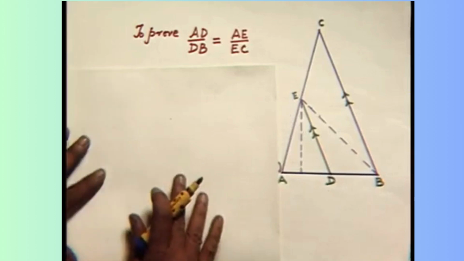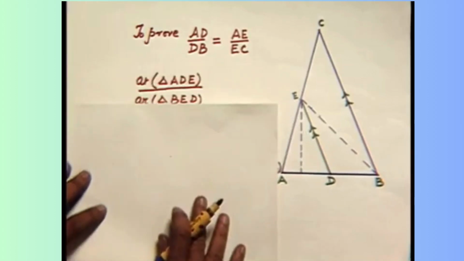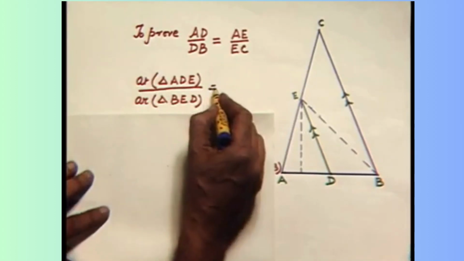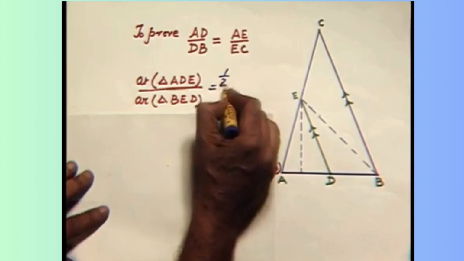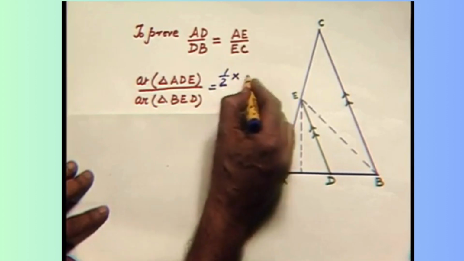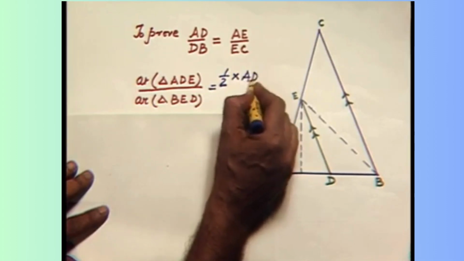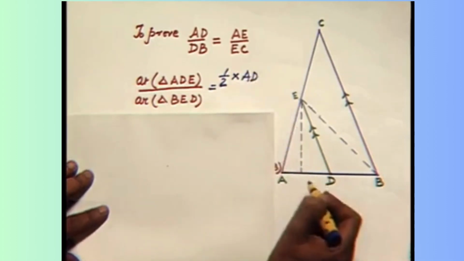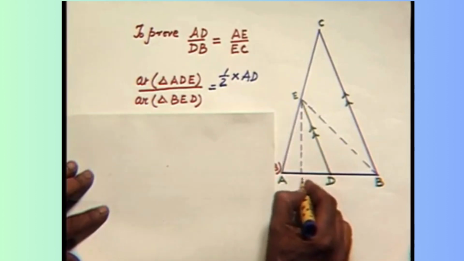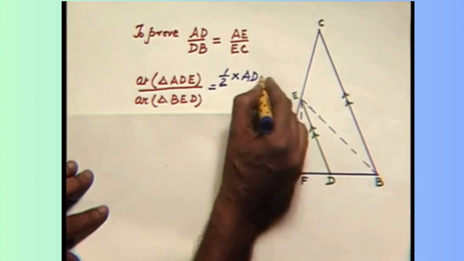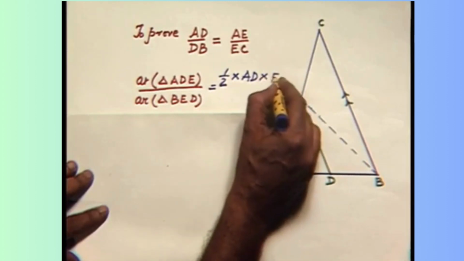So, area of triangle ADE is 1 by 2, its base is AD and the height, let us name that point as F, is EF.